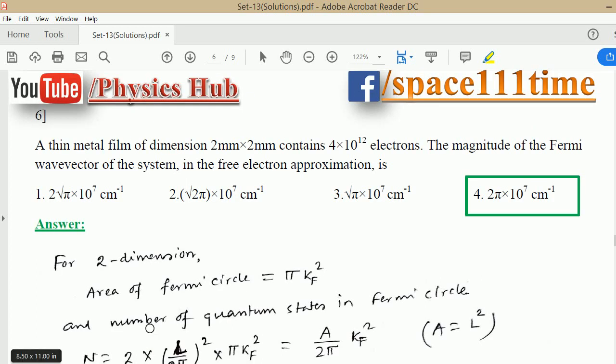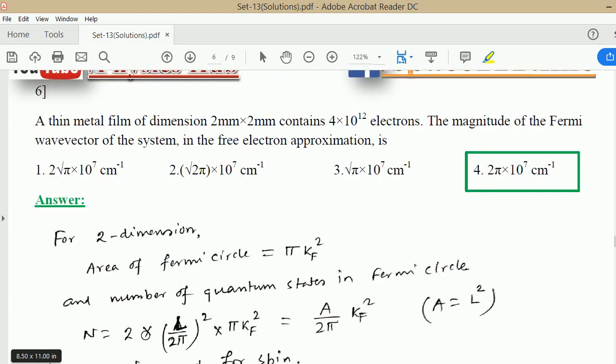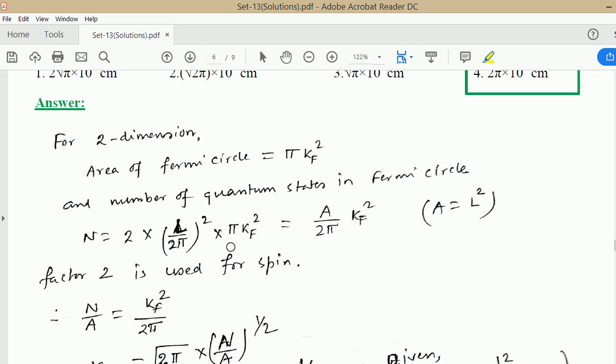This multiplicative factor 2 has been introduced here due to the spin of electrons, spin up and spin down. So we are writing L square as A, area, by 2 pi into kf square. Factor 2 is used for spin, as I have already told.